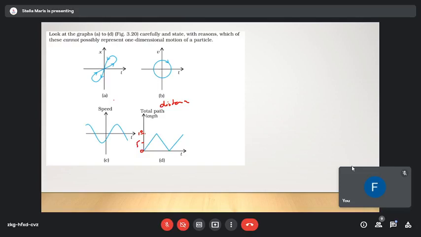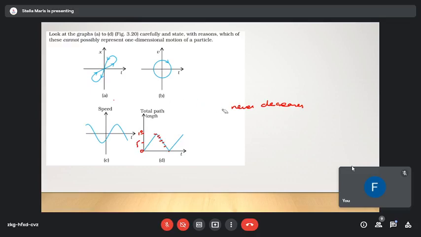And after attaining 10 meters, it is decreasing, right? Yeah, that is 8, 9, 10, 5, 6. See, it becomes 0. And then again it increases. So what we have seen, distance never decreases. Distance never decreases. Okay. So that is why.